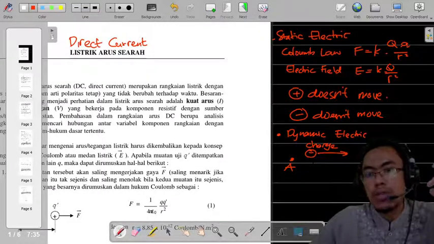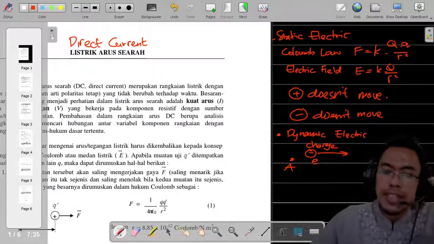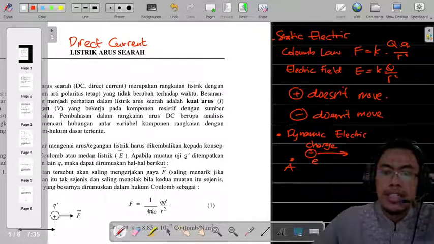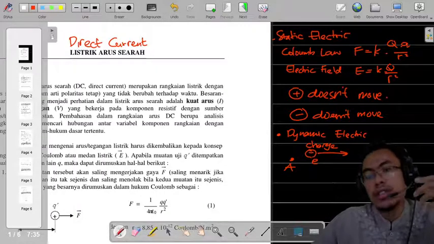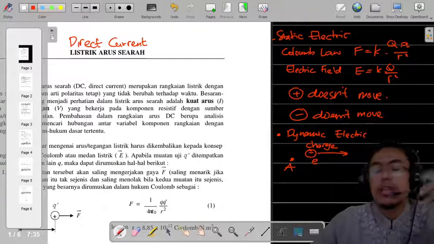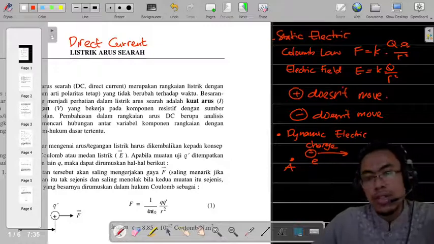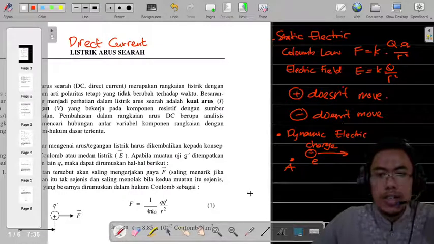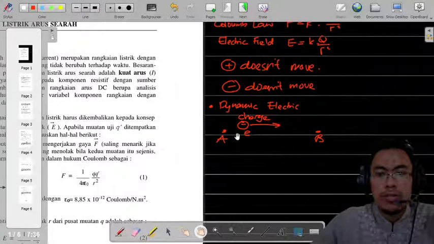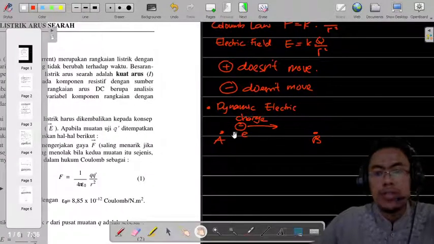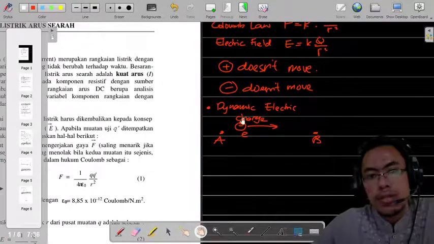Sometimes people use the symbol E to represent the electron. The electron has a negative sign of charge. Because the electron moves from A to B, we call it dynamic electric.